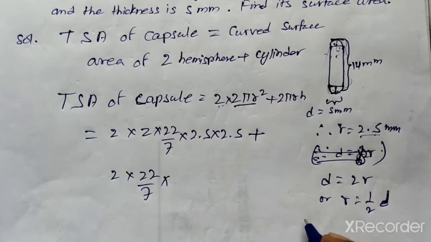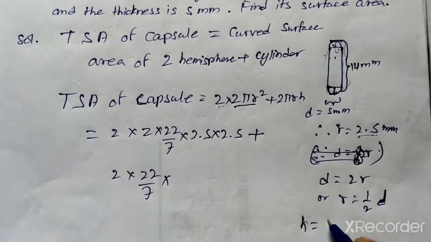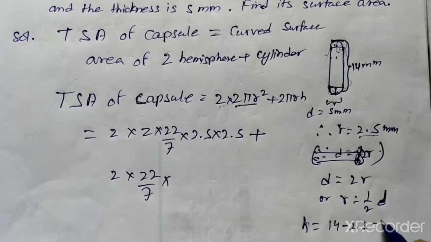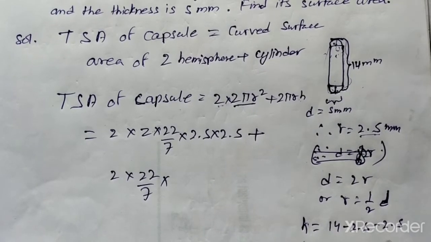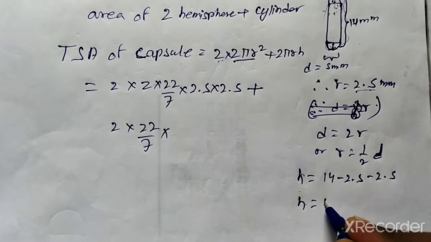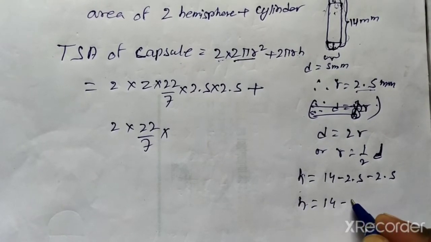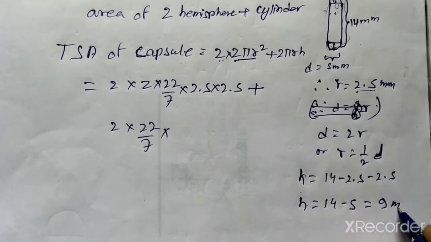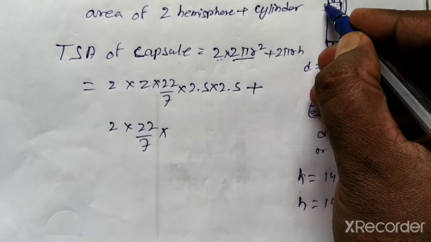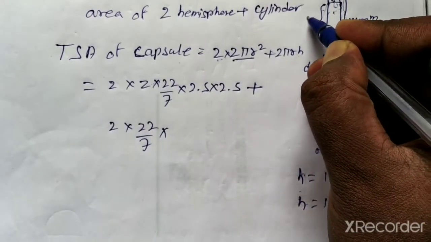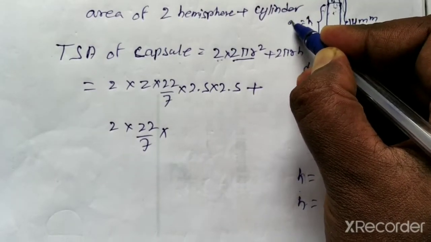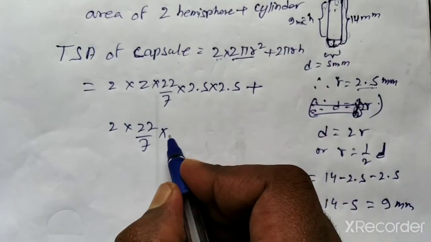That is h will equal 14 minus 2.5 minus 2.5, so h will equal 14 minus 5 equal to 9 mm. This is the height of the cylindrical shape of the capsule. This h is equal to 9 mm. Now we will apply this here.